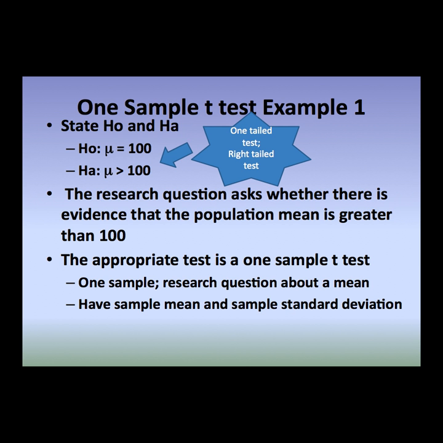Further, the appropriate statistical test is a one-sample t-test. We have a single sample of data, and our research question relates to the population mean. In the problem, we are provided with the sample mean and the sample standard deviation. Because we have the sample standard deviation, we must use a t-test and get our critical value from the t-distribution.